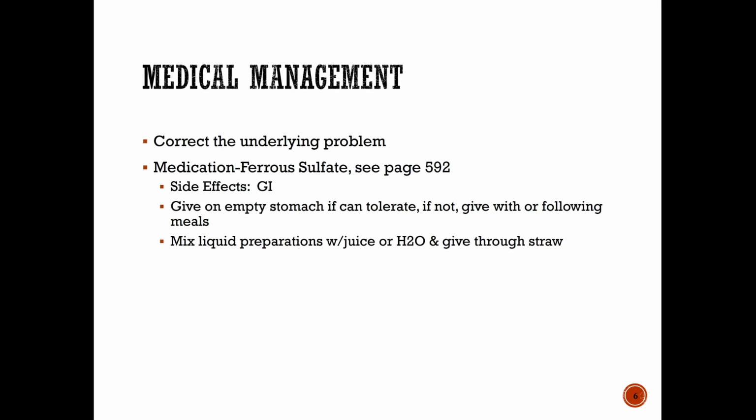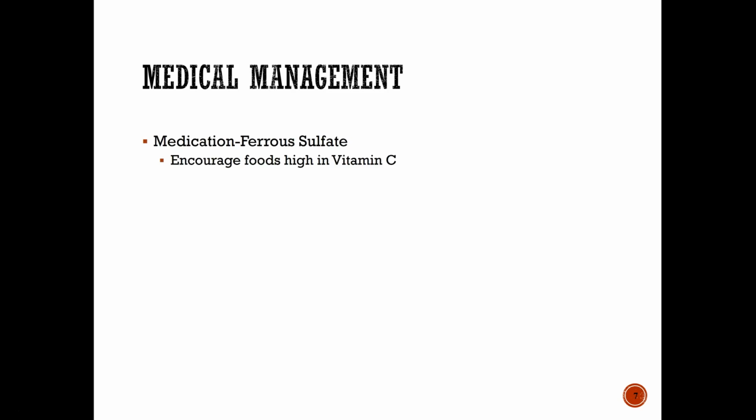You want to try to give it on an empty stomach if they can tolerate it, because they'll have the highest absorption rate. If not, you can give it with or following meals, but they're not going to absorb quite as well. If they're young enough that it's liquid, you want to mix it with juice or water and give it through a straw. You want to encourage foods high in vitamin C, because it actually increases the absorption of iron.